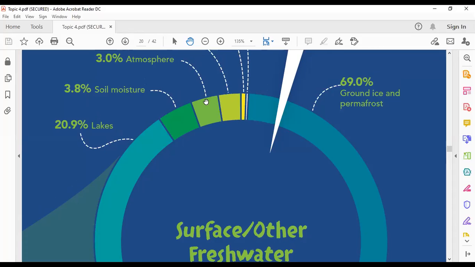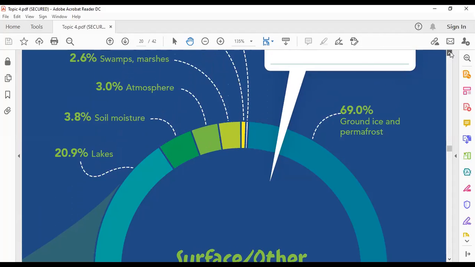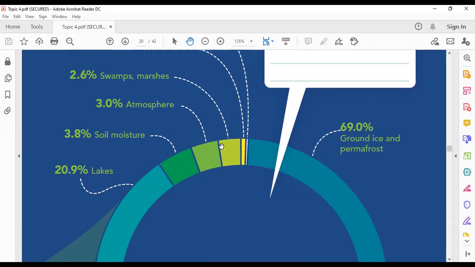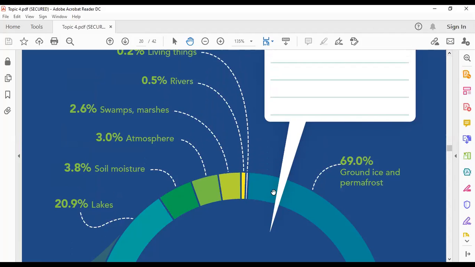As you know, in the atmosphere there are clouds, and these clouds contain condensed water. And 2.6% is found in the swamps and marshes.